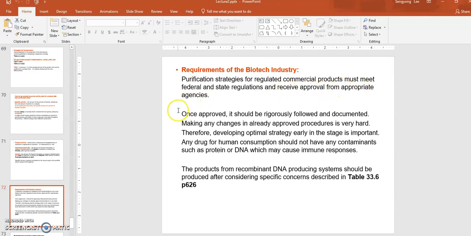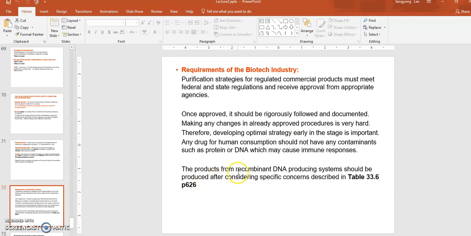When you file your IND, you have all these methods described, so the FDA will have a look at it, and then they give you approval or not. But if the FDA approval is given, then it should be rigorously followed without any deviation or changes. If you want to change an approved method, that's going to take a lot of time, so you better not change it.